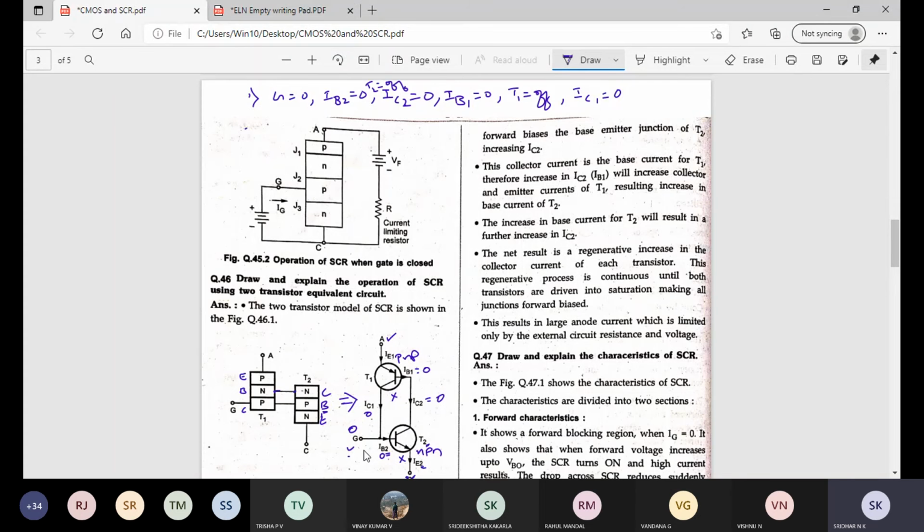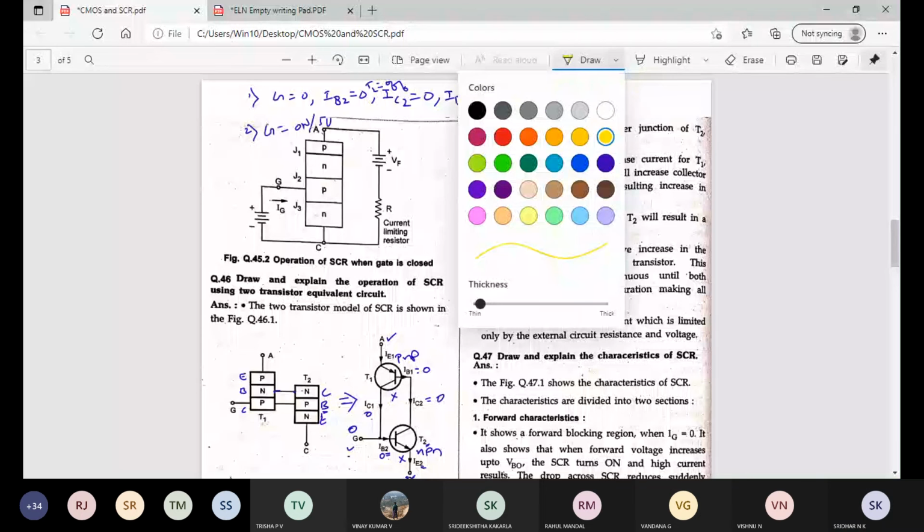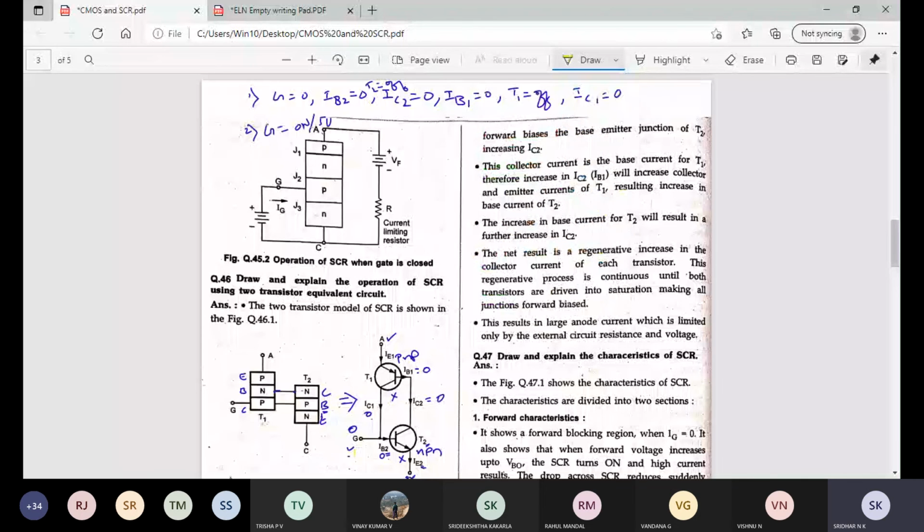Next, I'll give gate is equal to on, or 5 volts. If gate is on, what happens? IB2 will be on, it is having some voltage or current. The NPN transistor will be on.